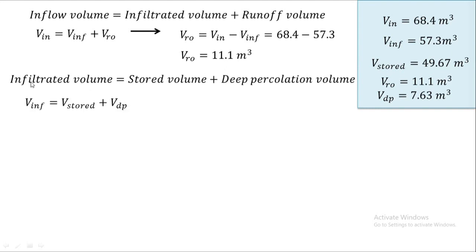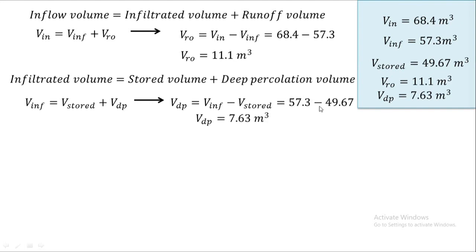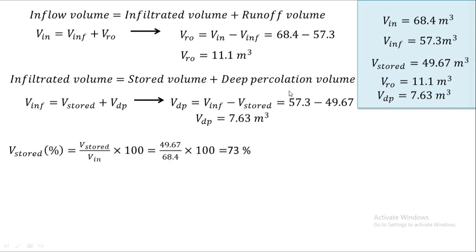We already have the infiltrated volume, and we will deduct stored volume from it. Volume of deep percolation is equal to 57.93 minus 49.67, which is 7.63 meter cube.